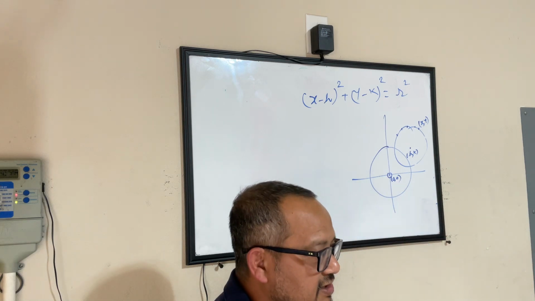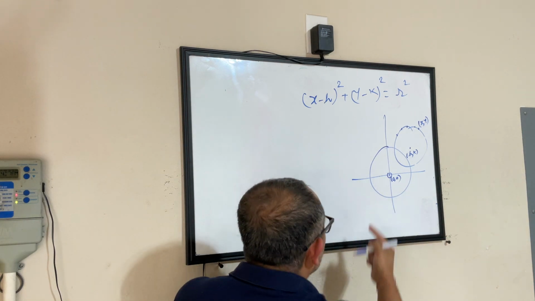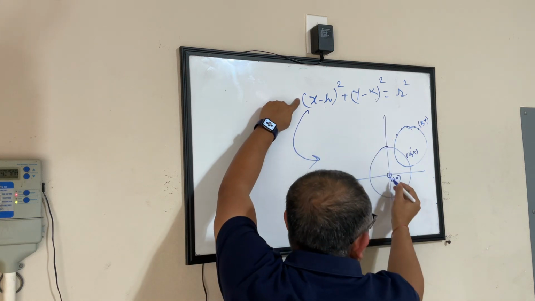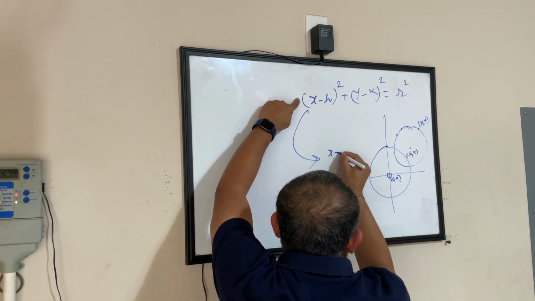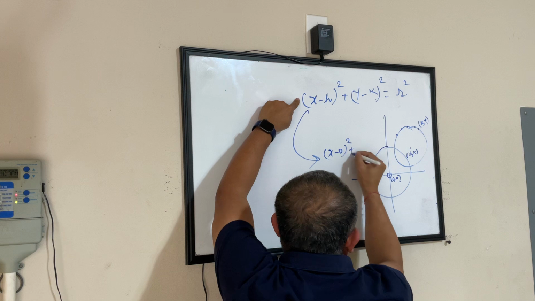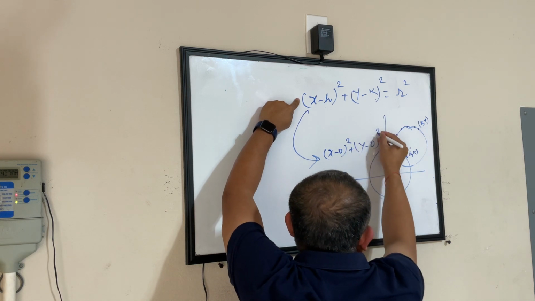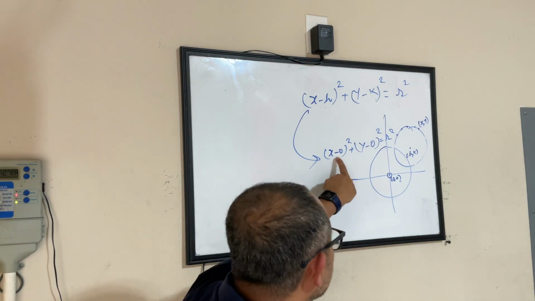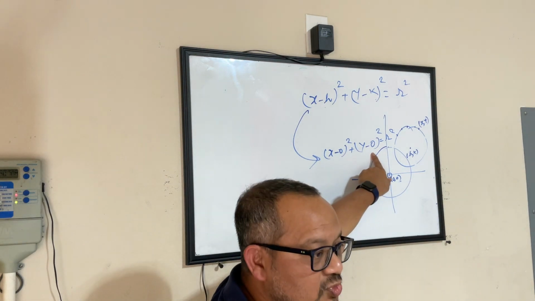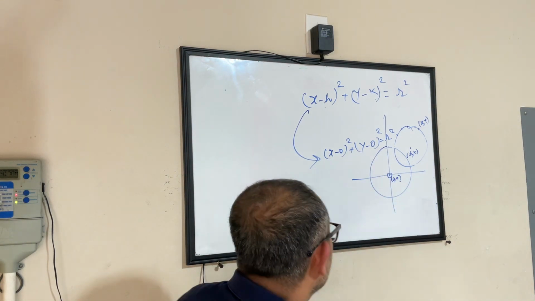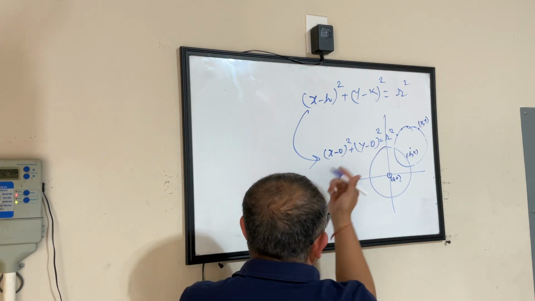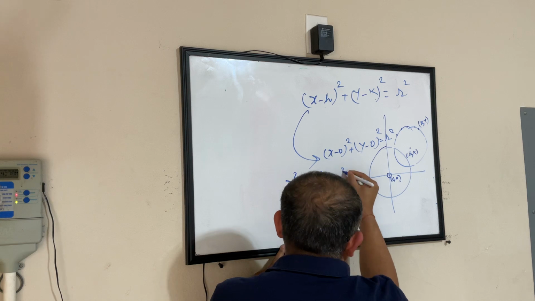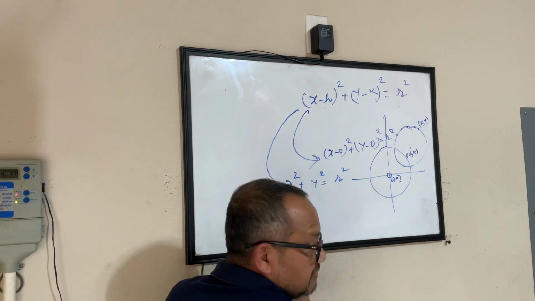So then h and k will become 0, 0. So x minus 0 square plus y minus 0 square equal to r square, the radius square. That did not change. Only thing that changed was h and k. We have just moved the circle. We did not do anything else. So x minus 0 is nothing but x. So x square plus y square equal to r square. So this is another form of the circle equation that you will deal with.